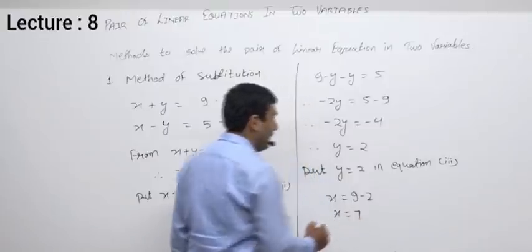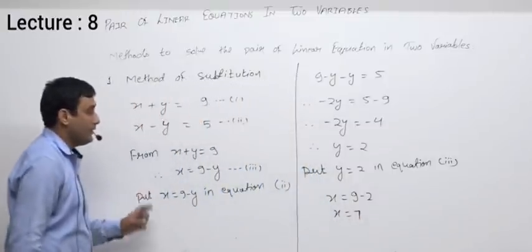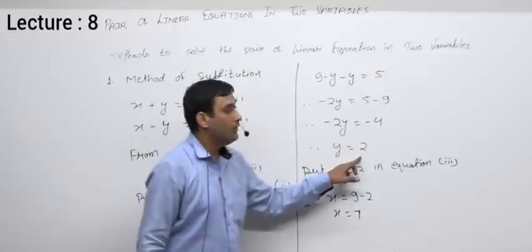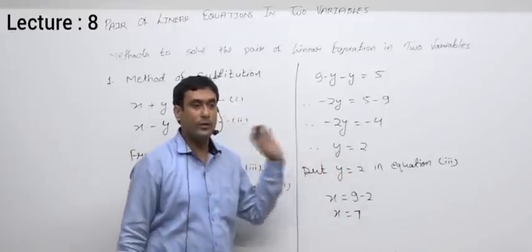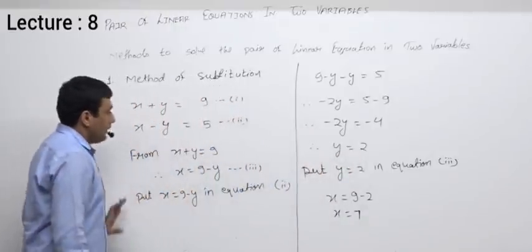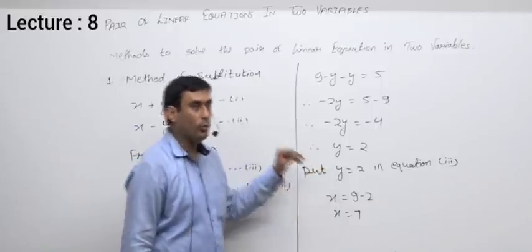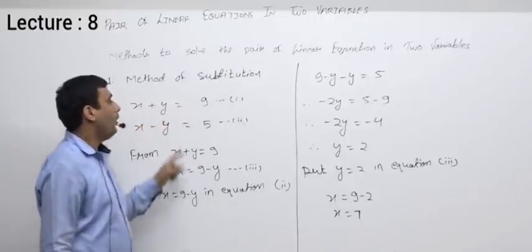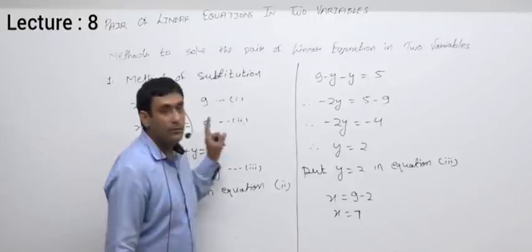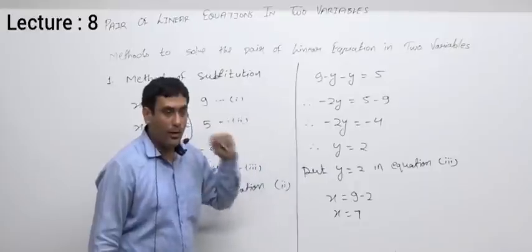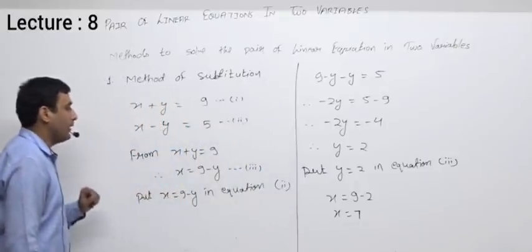So here we got the solution of the equation, x equal to 7, y equal to 2. Okay, that means if you put x equal to 7 and y equal to 2 in the first equation or in the second equation, we should get LHS equal to RHS. Left hand side will be equal to right hand side.